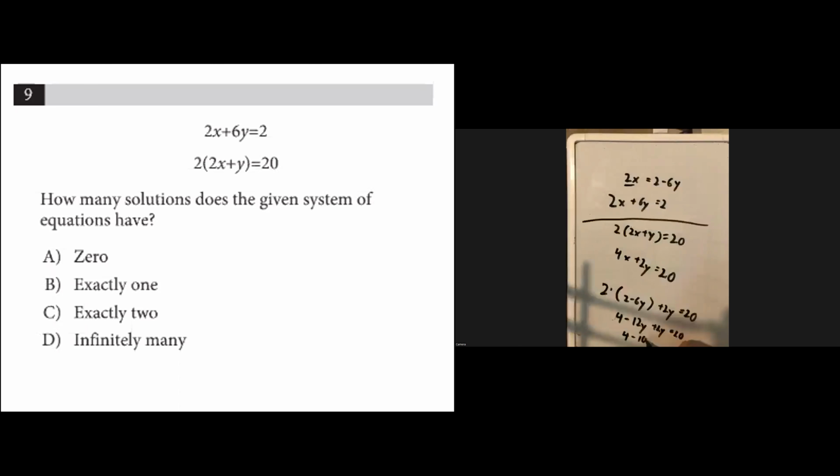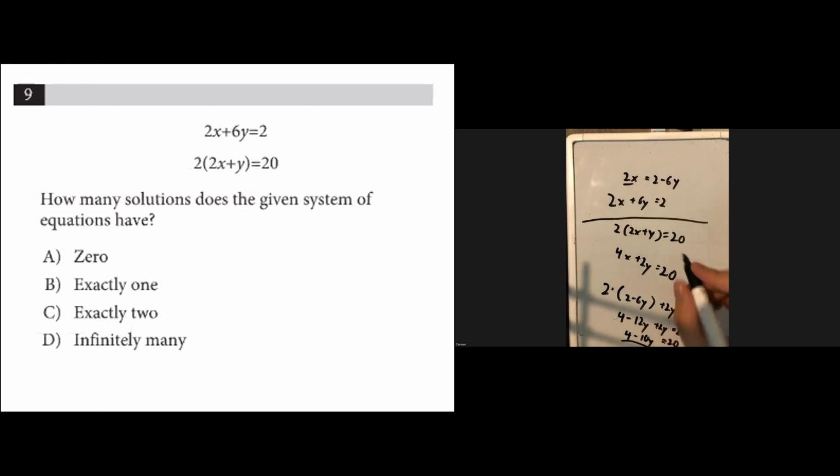We don't need to solve this all out, because getting it in this form shows there's only one solution, x comma y. It can't have zero solutions because it's not like 0y equals 20. And it can't have infinitely many solutions because these two equations are different. You can't simplify them into the same equation. So the answer here would be B.